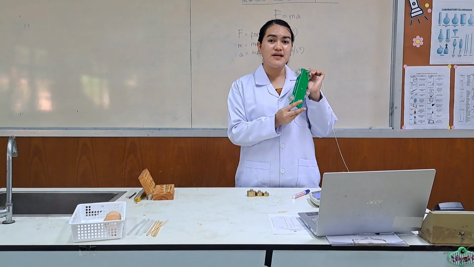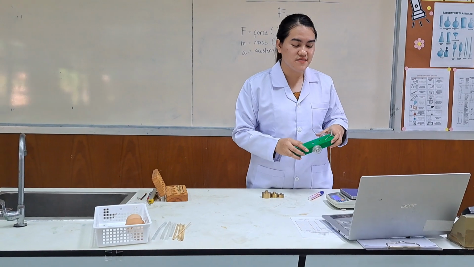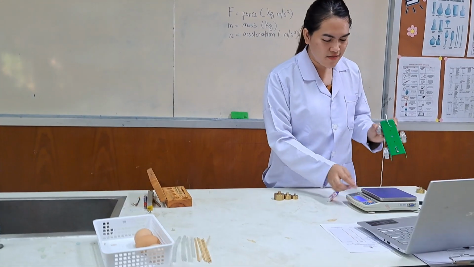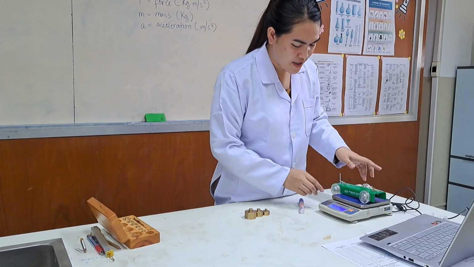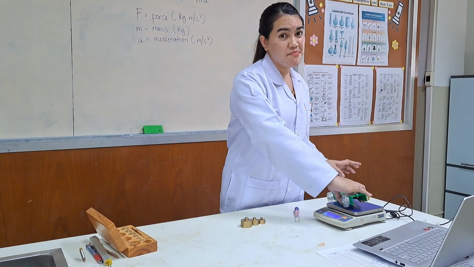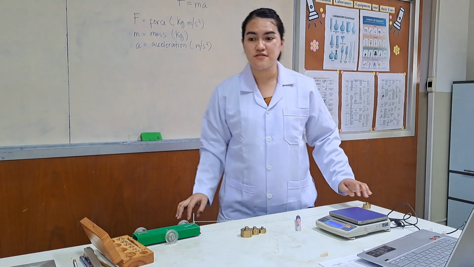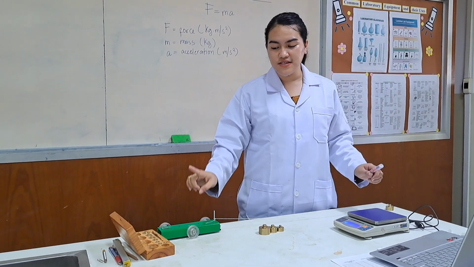I'm holding a dynamic card. Let's try to figure out the mass of this dynamic card here. So, let's just put this one on top of the digital balance, and as you can see, it's about 500 grams. Remember, in Newton's second law of motion, we are going to use kilograms. So this is 500 grams.